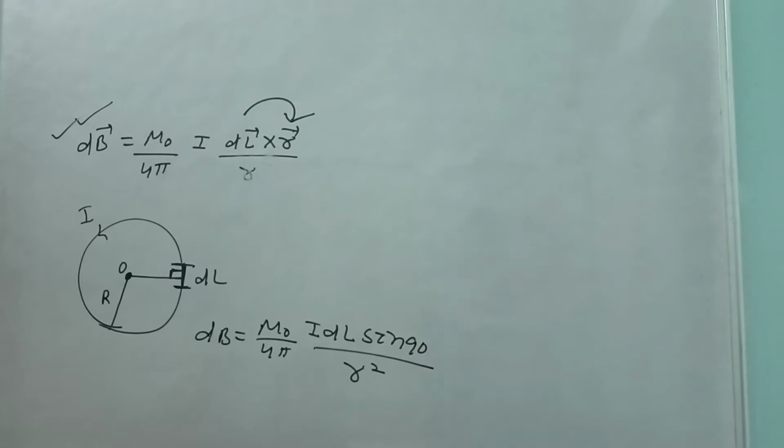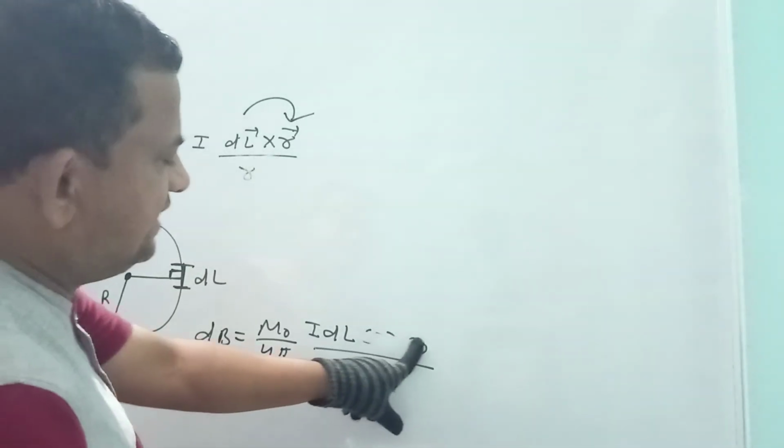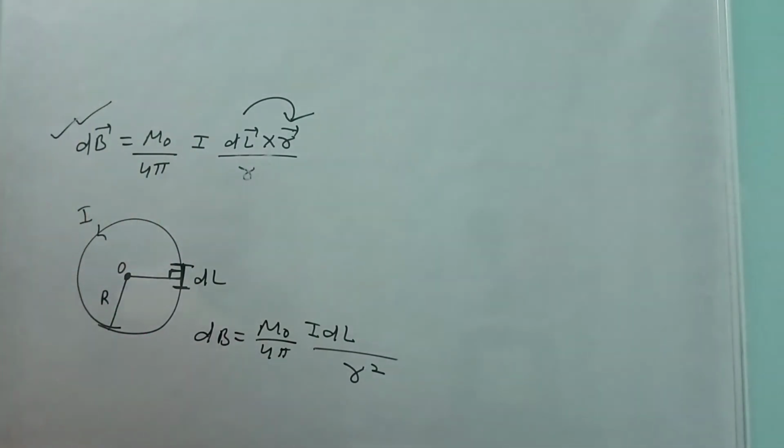Of course, I put 90 degree for angle theta, and that gives you mu naught by 4 pi, I dl by r square. Sin 90 is 1. For this dl, you get magnetic field at O, that is dB.